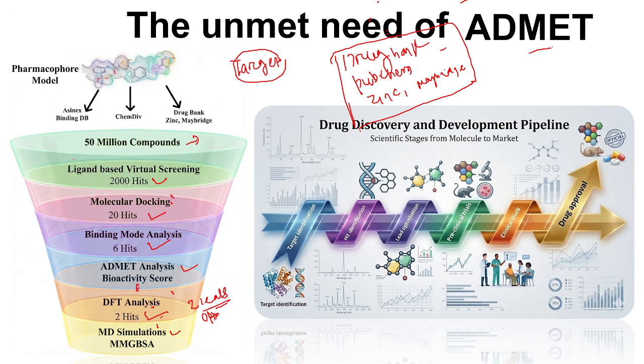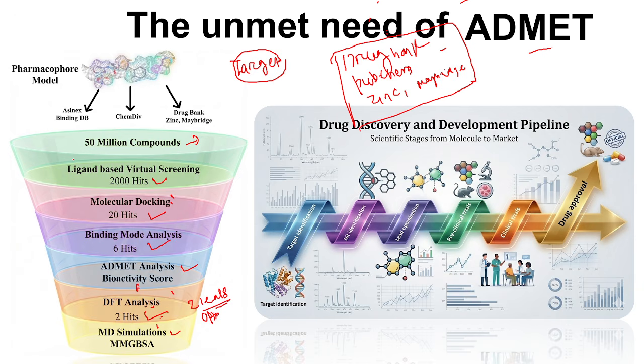So first we have a target. For the target, we have some databases where we can collect drug molecules, like DrugBank, PubChem, and ZINC. From these three databases, we can collect many ligand molecules. We can extract them, or we can hypothetically design our drug molecule.